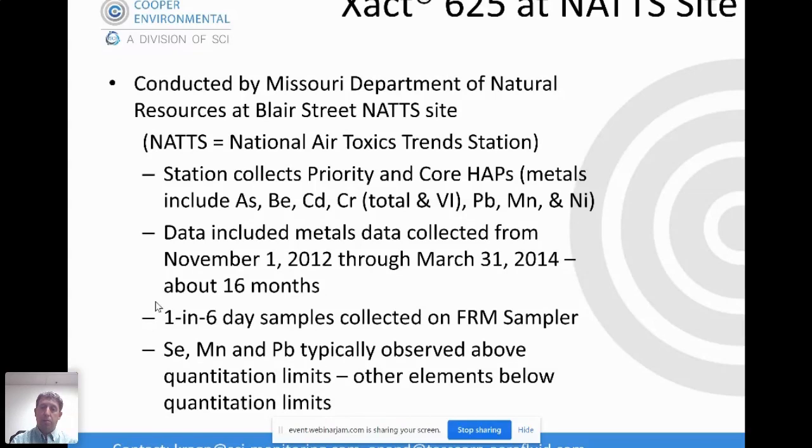And the FRM samplers were operating in a 1 in 6 day fashion, meaning that they took 1 sample every 6 days, and that 1 sample was then analyzed by the laboratory by ICP mass spec. And in this case, there were 3 different elements that were typically observed above the quantitation limits and the detection limits for the reference method. And they were selenium, manganese, and lead again as well.